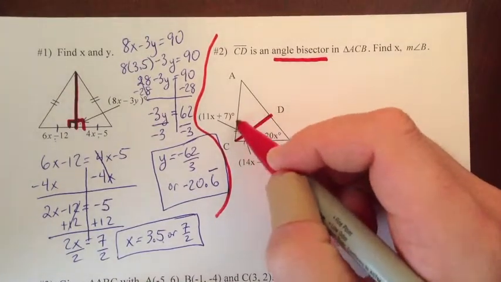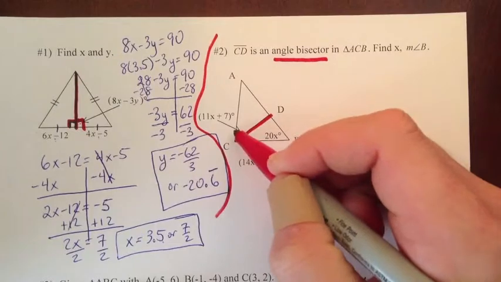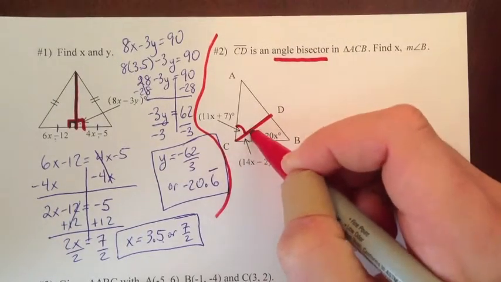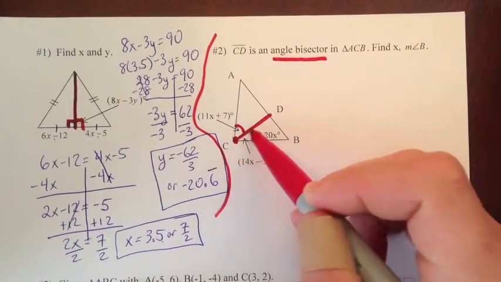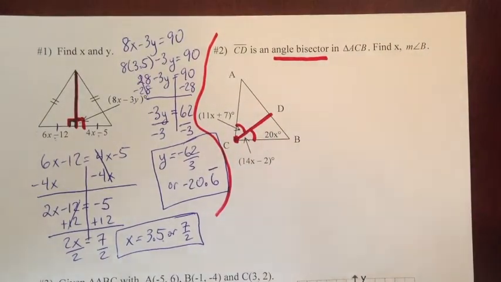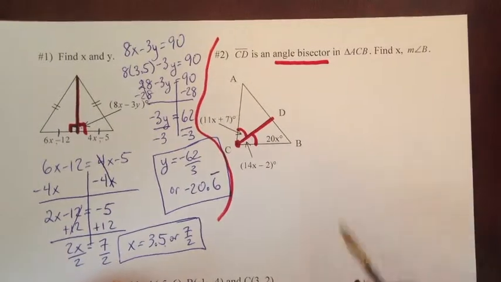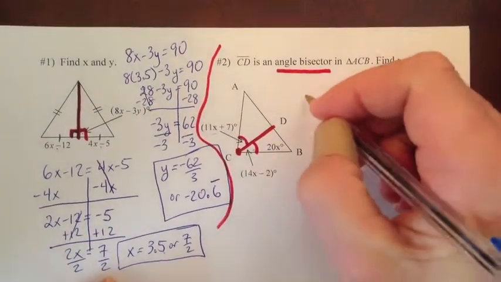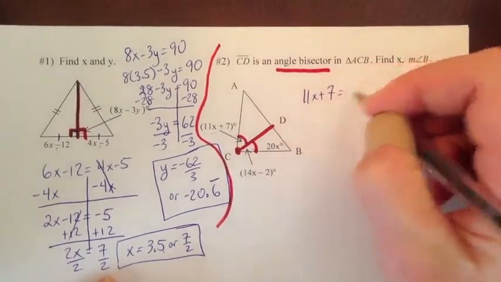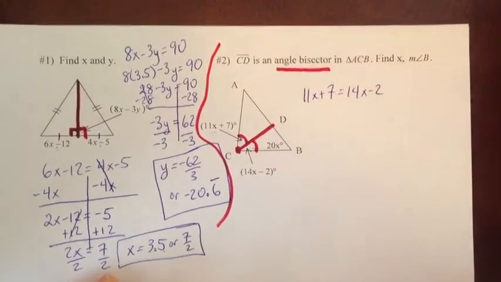Angle bisector, that means it bisects this angle here, where the vertex is. So wherever the angle bisector starts from, this point, that's where it bisects. Now, bisect means cuts in half, so these are congruent. That means that these measures, 11x plus 7 equals 14x minus 2.